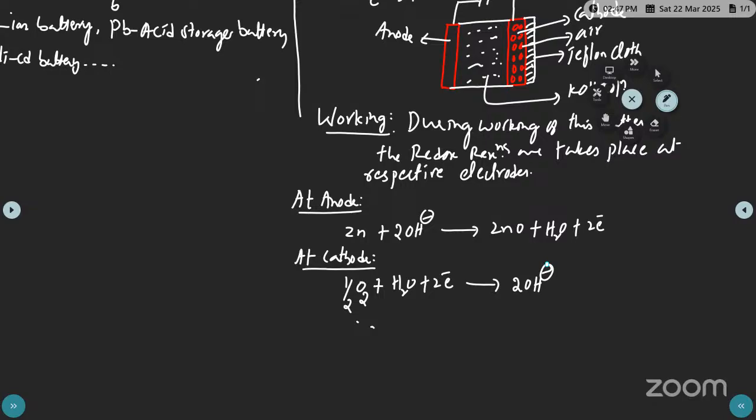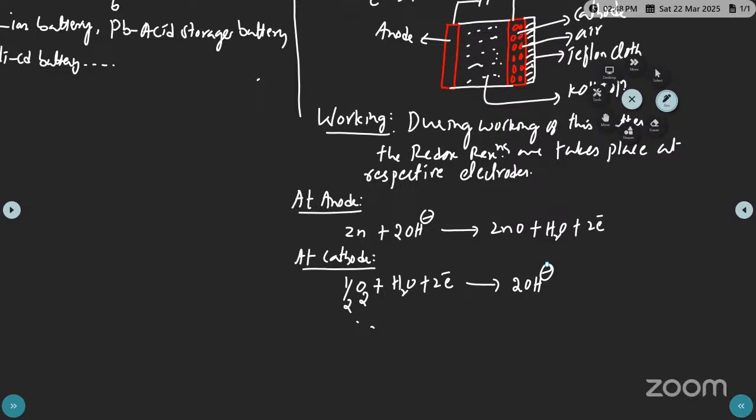So it is balanced. Of O2, H2O plus 2 electrons gives rise to 2 OH minus ions. Is it oxidation or reduction? Why is it reduction? It gains the electrons. So it is a reduction reaction. So this is the cathode reaction.